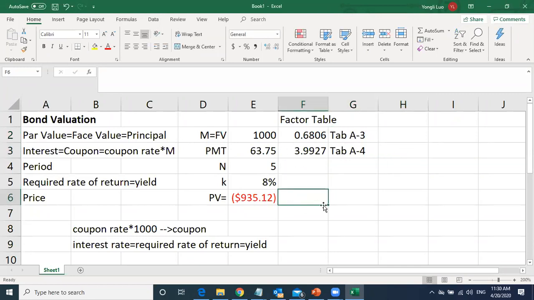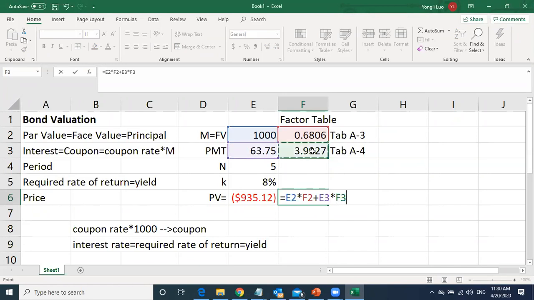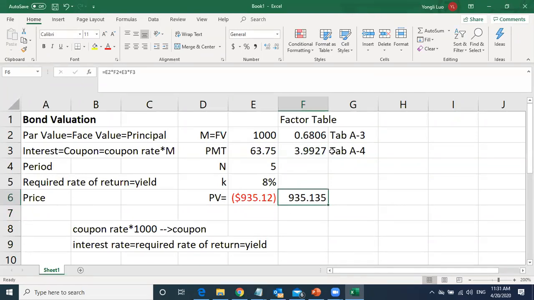What will be the bond price? The present value is going to be this number you got from the factor table, plus the coupon payment times this factor we got. So either way, you can get the correct answer for the bond price.